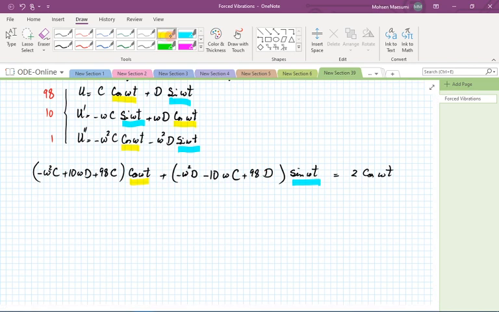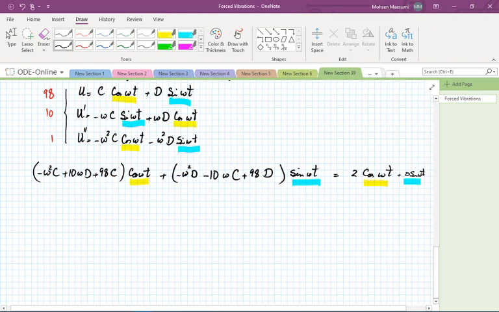Well, we have only cosine here, no sine over there, which tells us that this has to be 2 and this one has to be 0. Okay, the sine, there is no sine here. So what we have then, first equation, this is going to give us what?